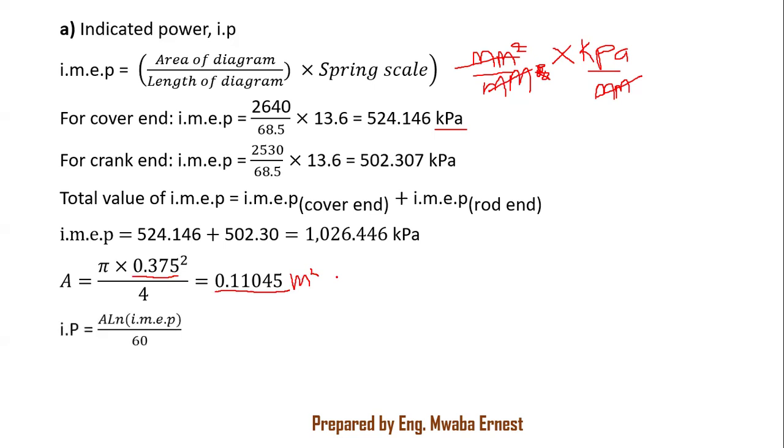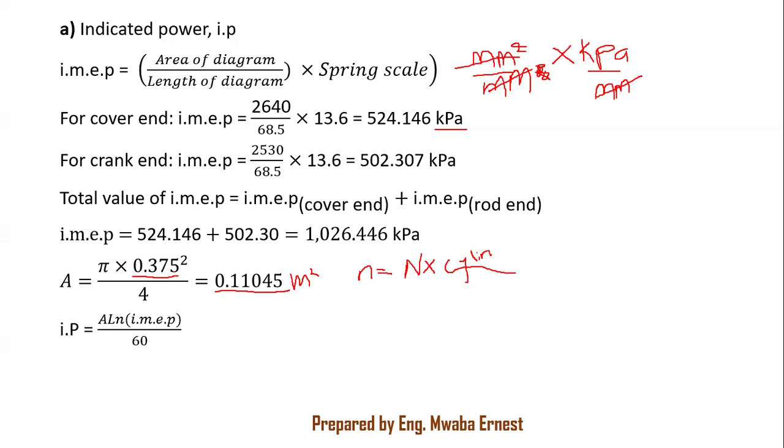Then we proceed. Let's get now the indicated power. You could be wondering why we wasted all the time looking for that, because this is what we needed. The only thing I want us to add is this small letter n, which represents the number of working strokes. For a two-stroke cycle engine, it's n times the number of cylinders, meaning if there are 4 or 5, you multiply there.